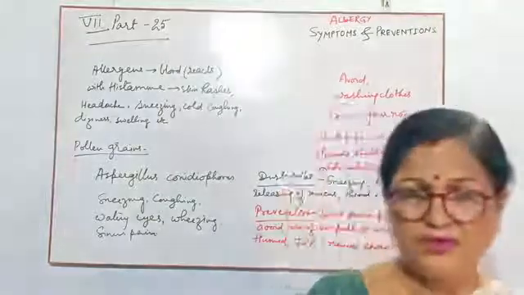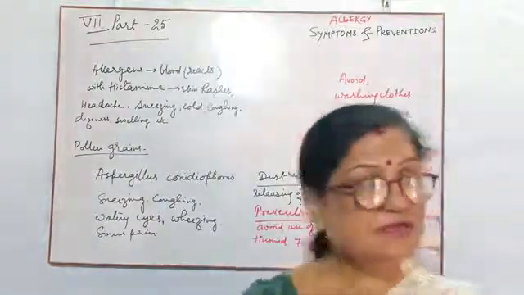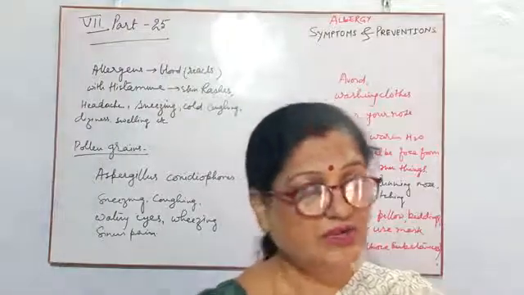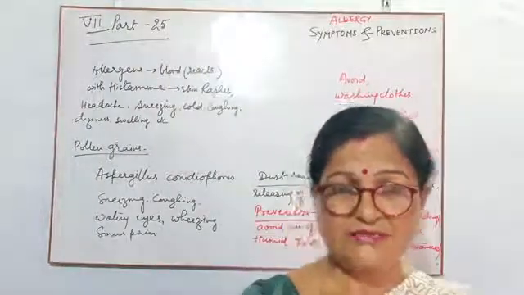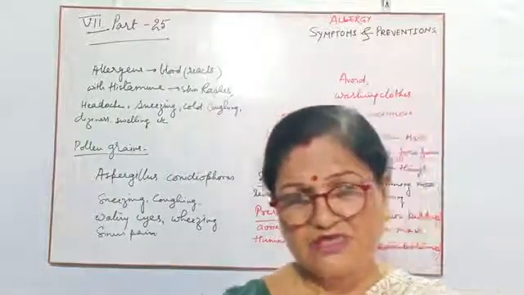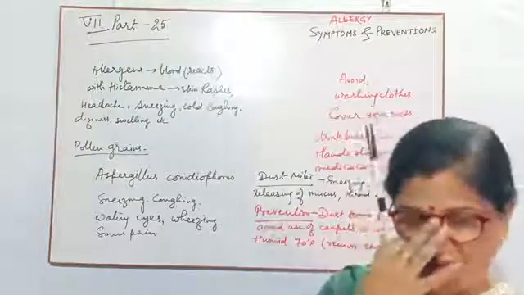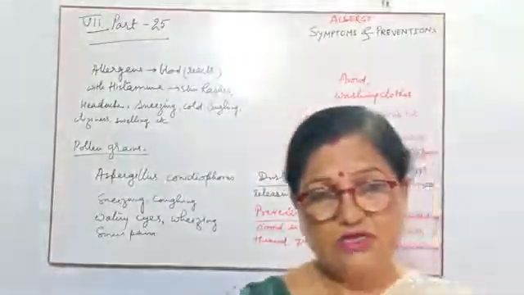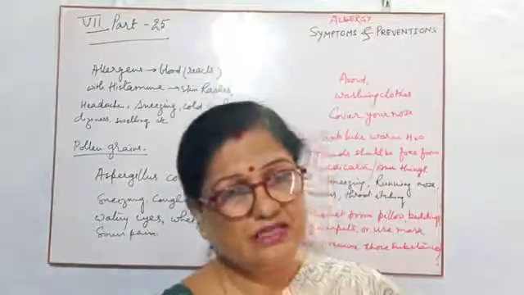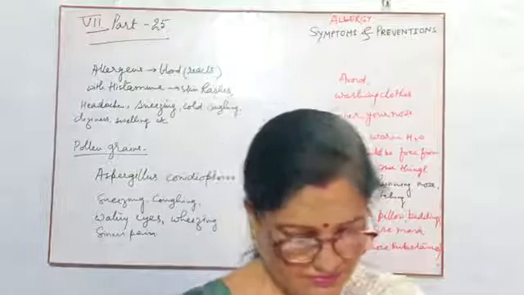Most pollen grains have wind pollination, so in the summer season the wind is dry, and at that time these pollen grains can fly away very easily along with the dry wind. So pollen allergy, as I told you in the previous video, we can get most of the time in the summer season.